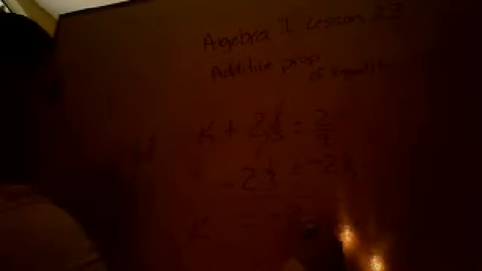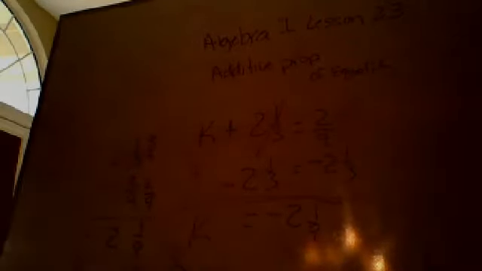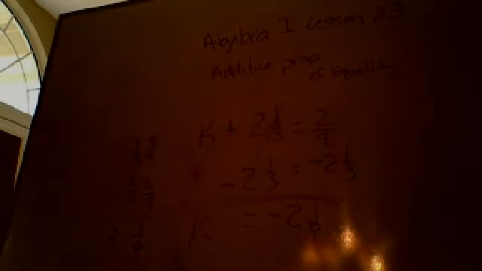So your answer is negative 2 and 1/9. Or you could leave it as an improper fraction if you like, whichever one works for you. But you cannot forget your rules for adding, subtracting, or multiplying fractions.